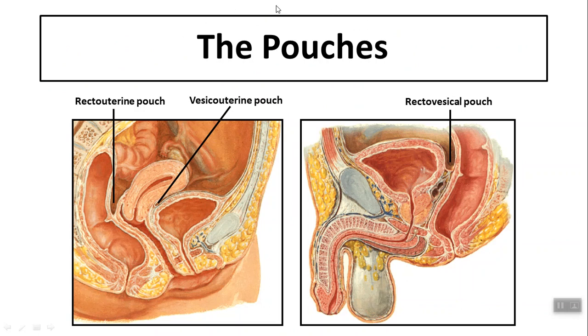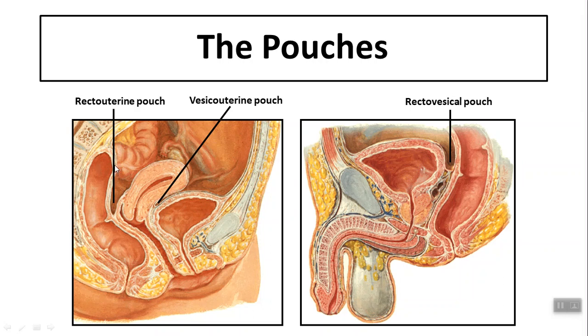Another form of spaces formed by reflection of the peritoneal layer on certain organs is what we call the pouches. In female we have the rectouterine pouch.